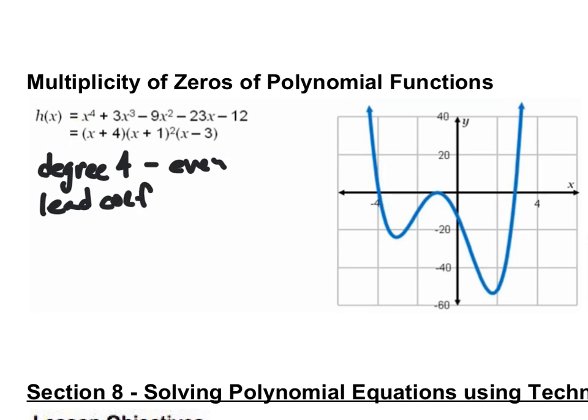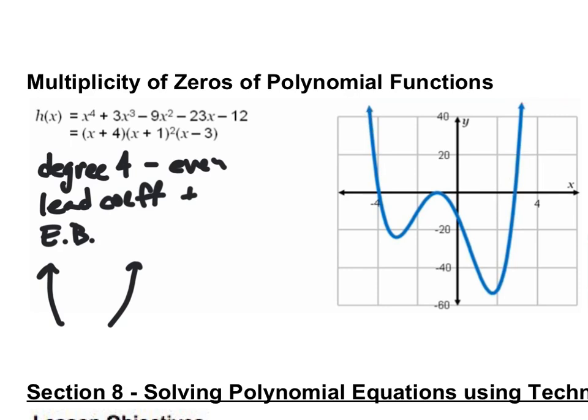That means your end behavior, EB, or if you're a Chiefs fan, say Eric Berry, but not many of you are because we're in Colorado, is going to go up to the left and up to the right. And that's what's happening here.